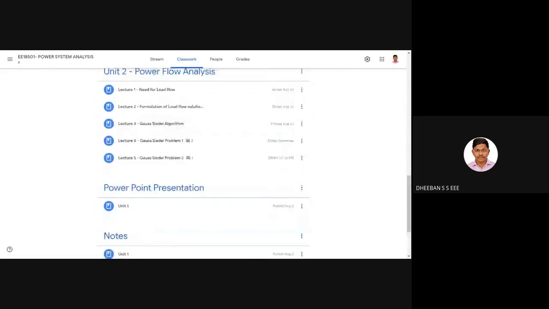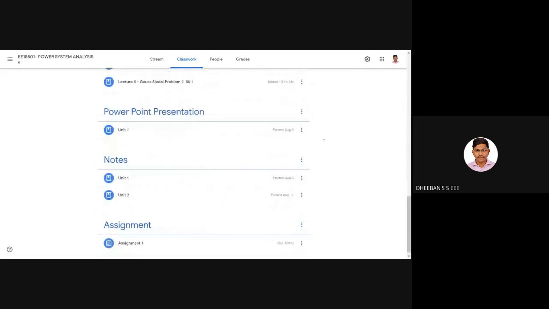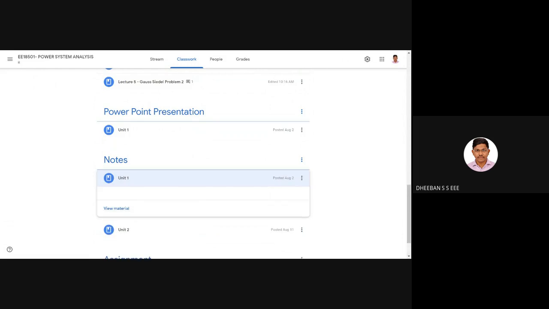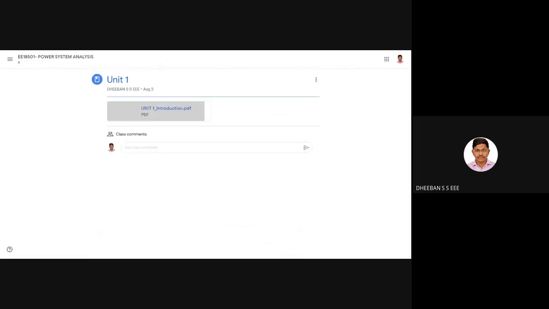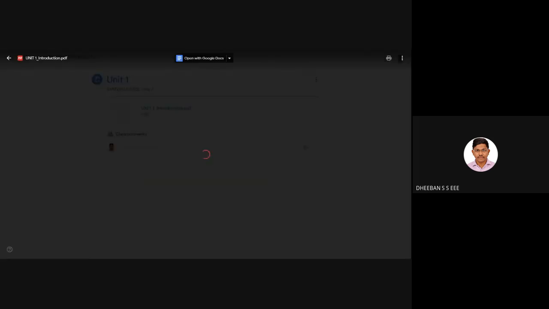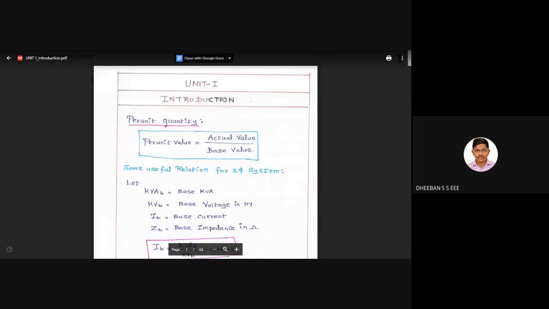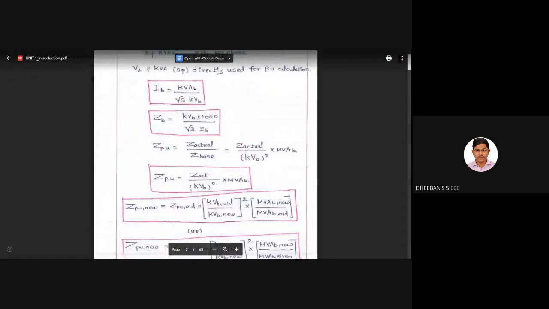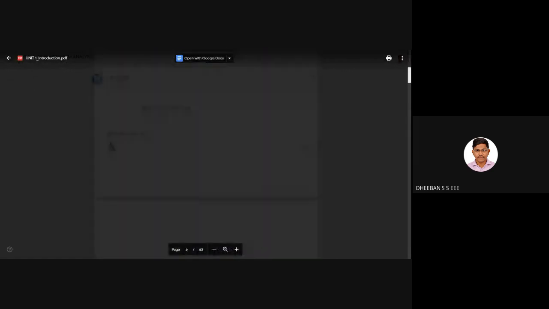And for the theory part, you can see the end of the notes, where the theory part will be there. It is also given in the PPT, so you can also refer to the PPT.